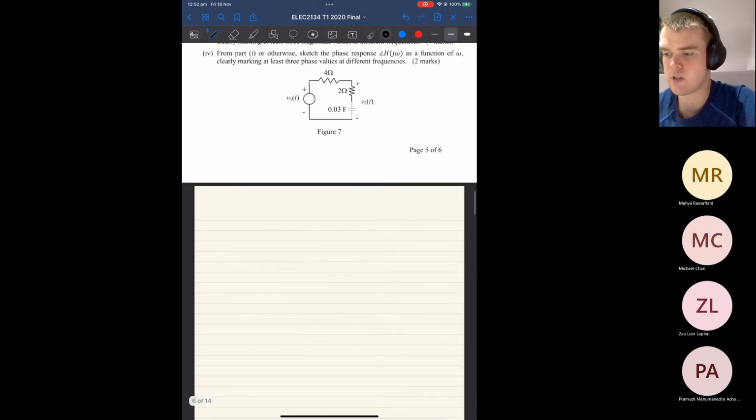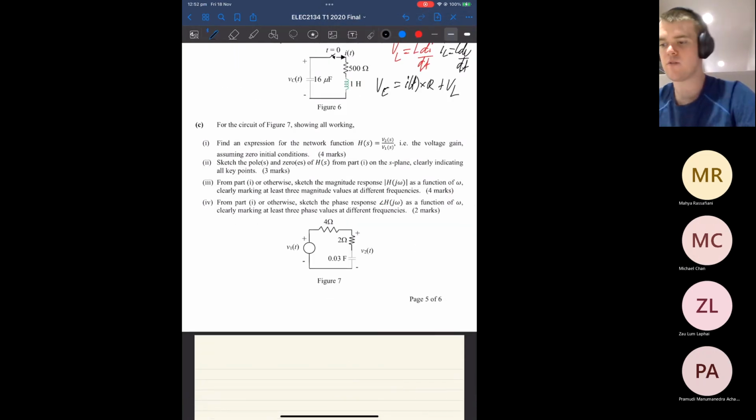Alrighty. Now, part C: find the final expression for the network transfer function, the voltage gain, assuming zero initial conditions.